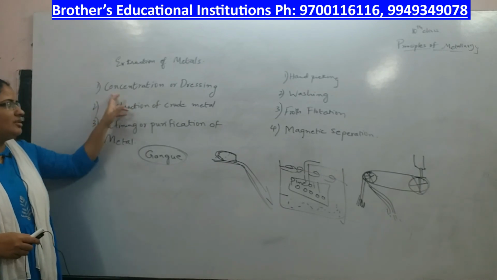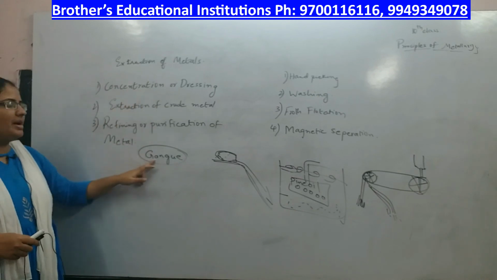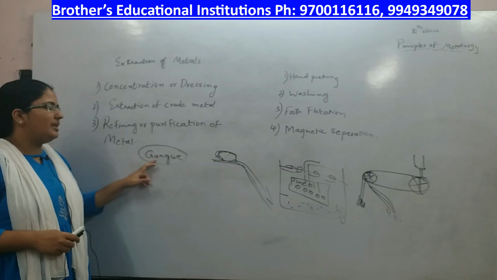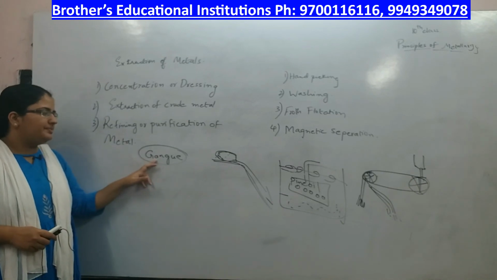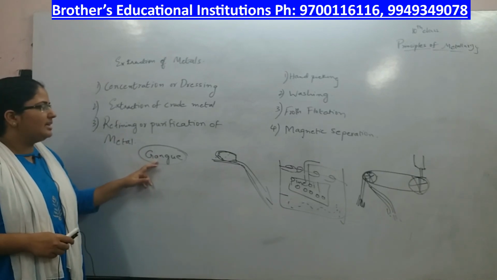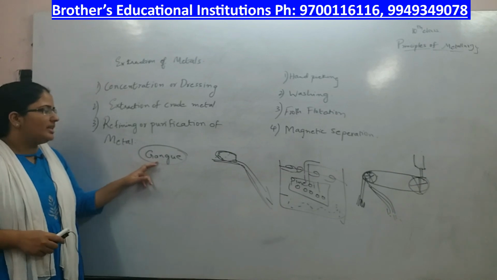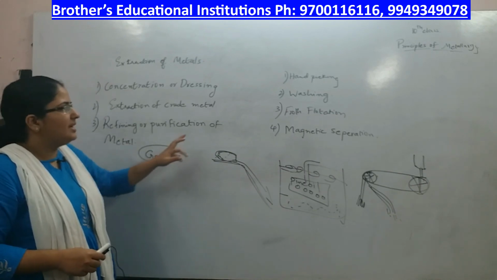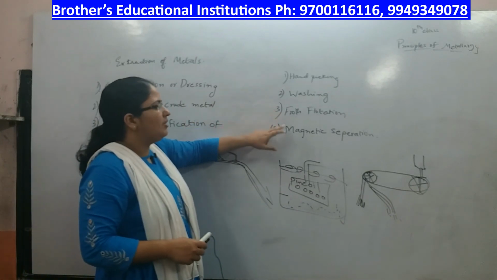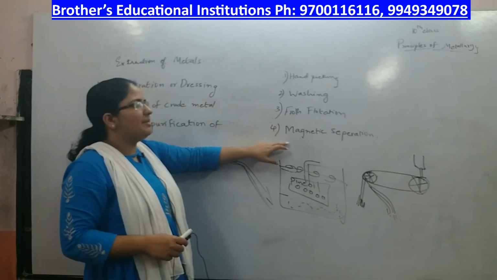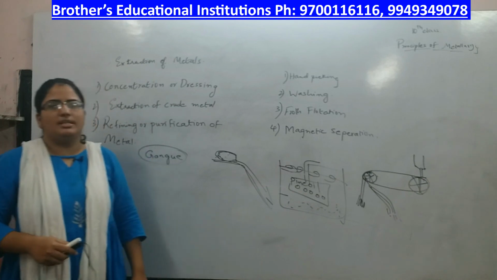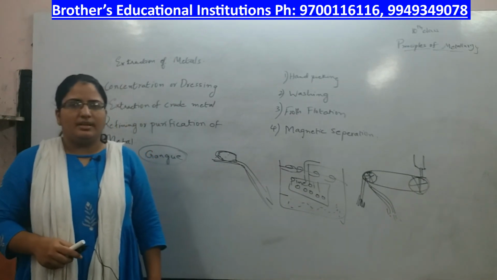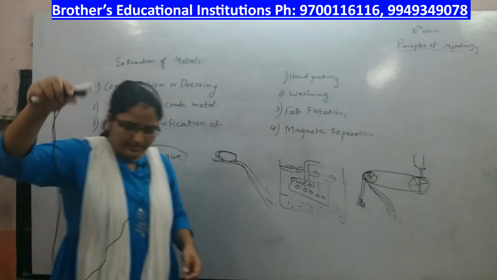It involves removal of gangue particles. Gangue particles are sand and clay particles that have to be removed from the ore. There are different ways of removing the gangue particles: hand picking, washing, froth flotation and magnetic separation. We have discussed all of this in detail. So that is about today's class, children. We shall continue in the next class.